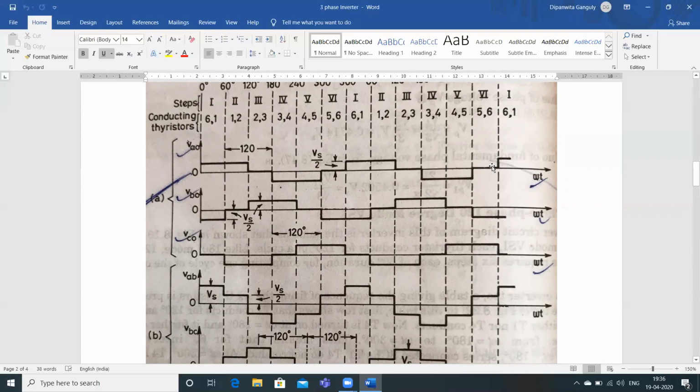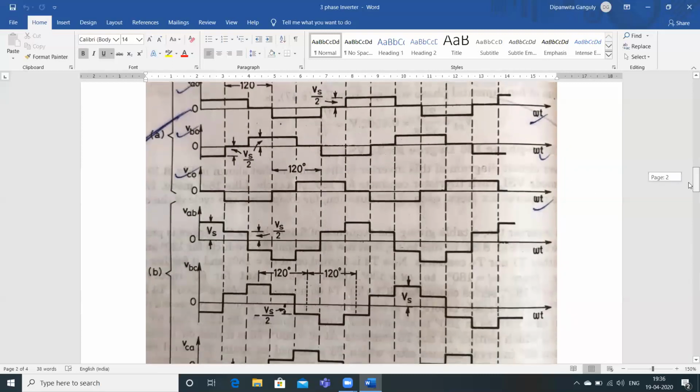Now, if we want to find the graph of VAB, VBC and VCA, VAB will be equal to VAO minus VBO, VBC will be VBO minus VCO, and VCA will be VCO minus VAO. This way we will get 3 graphs.